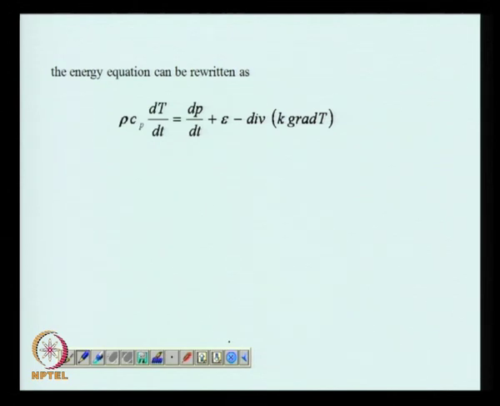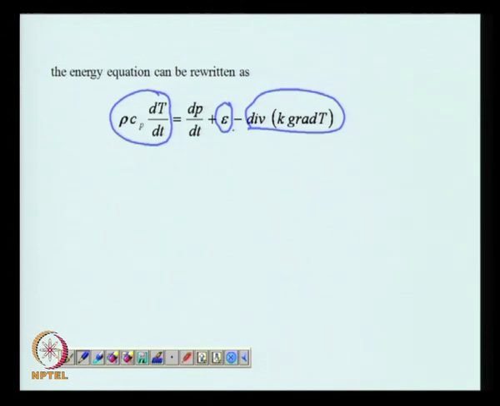So, we have the left hand side, which is the convective flow of energy. The last term on the right hand side is the conductive transport of energy, and it is an isobaric process. The epsilon in this is the dissipation function, where any transport of energy, any flow is associated with entropy generation.